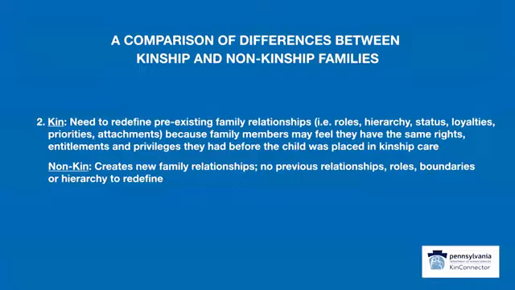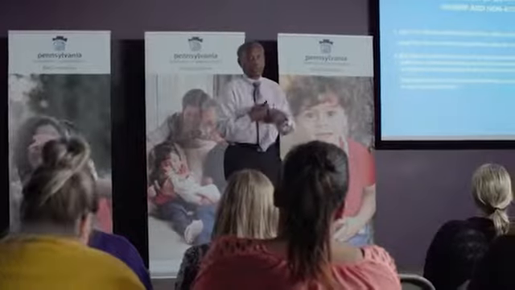Number two, need to redefine those pre-existing relationships. I guess what's significant about that is that for relatives in kinship care, members of the family, that triad again, and not just the triad, but the extended family as well, they tend to be thinking that I have the same rights and privileges and entitlements that I had before the child was placed, before the child was moved.